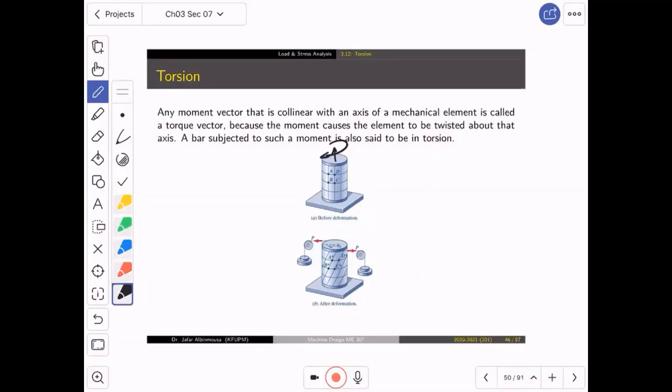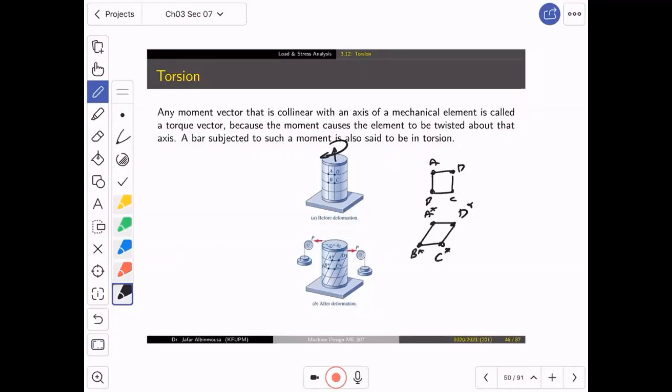And if you see what happened over here, this rectangle or square A, B, C, D, after torsion, got deformed into this shape. This is A, D, B star, just to distinguish them from each other.